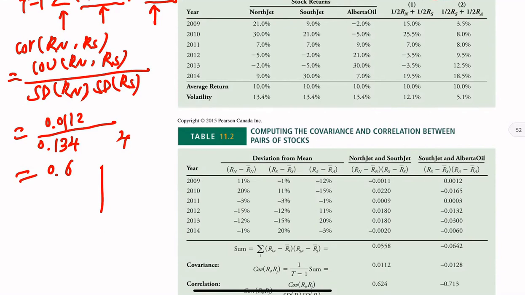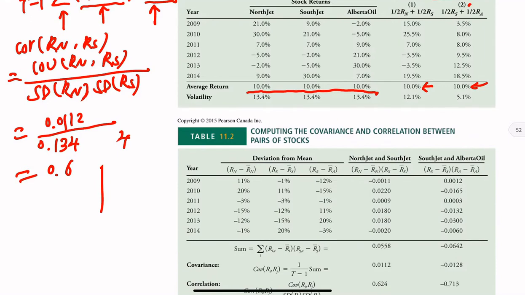And the second portfolio is about 50% in SouthJet and 50% in Alberta oil. What I can see here is they have the same expected return, which is obvious because all these stocks have the same expected return. So if you put these stocks into your portfolio, of course, your portfolio should have the same 10% return.